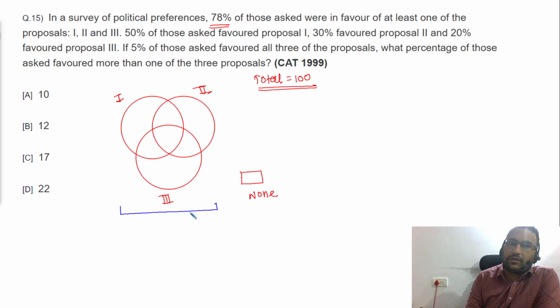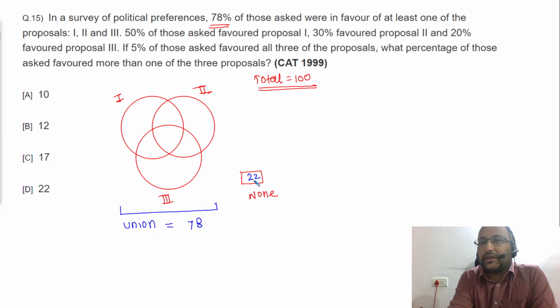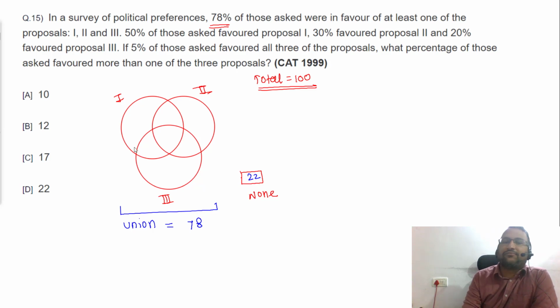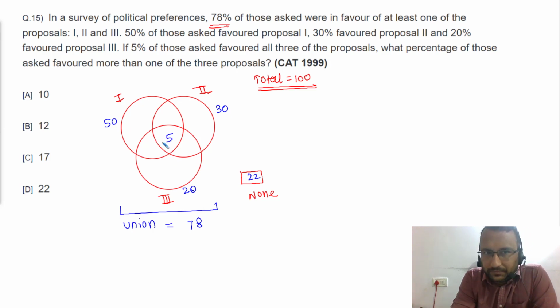It means the union of these three sets is equal to 78. The remaining 22 people did not favor any of the proposals, so the none region is 22. The value of the first circle is 50, the second circle is 30, the third circle is 20, and 5 is the common portion of all three sets.